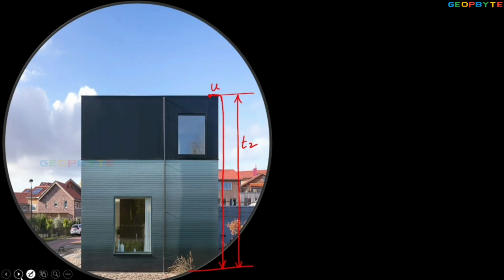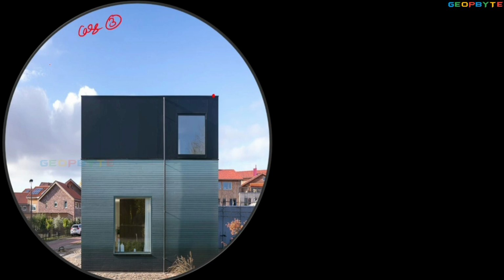Okay. The last case, that is the body is just dropping down. Case 3. Body just dropping down. Dropping down means initial velocity u equal to 0. Then the body is moving towards the ground like this.